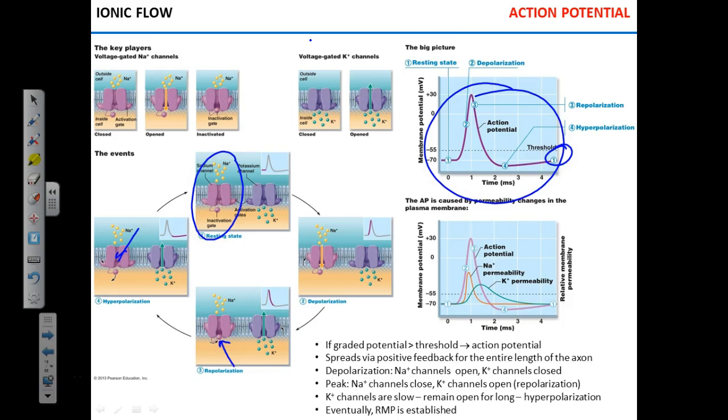So this ball is the true voltage gate. When the membrane becomes slightly depolarized, it opens. Does that make sense? When it becomes hyperpolarized, it closes. More positive opens, more negative closes. Works pretty well, huh?